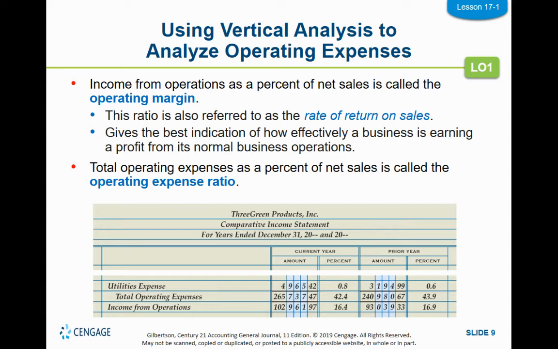And so when you look at the total operating expenses as a percent of net sales, that is the operating expenses ratio. So when you look at this, all of your expenses added together divided by your net sales gives you the ratio for your operating expenses, and then also your income. So income from operations is going to be, I'm going to go back.